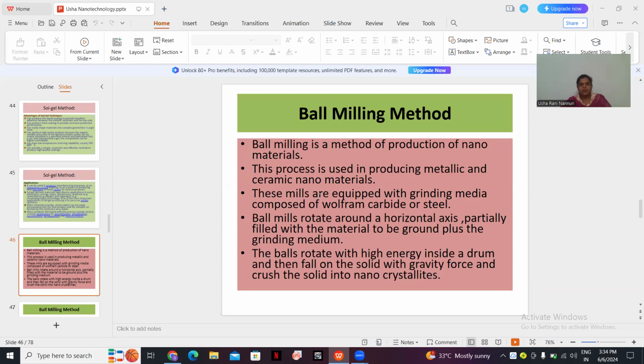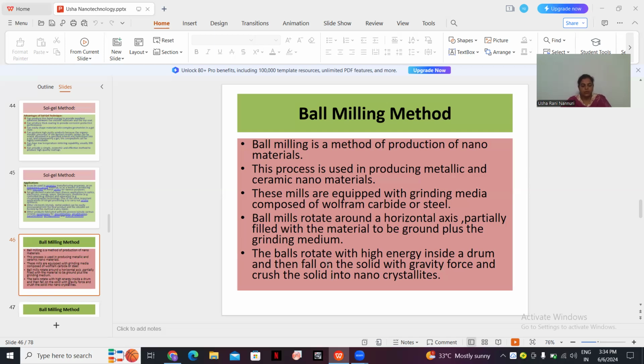These mills are equipped with a grinding media composed of tungsten carbide or steel. Ball mills rotate around a horizontal axis, partially filled with the material to be ground plus the grinding medium. These balls rotate with high energy inside a drum and then fall on the solid with gravity force and crush the solid into nanocrystallites.